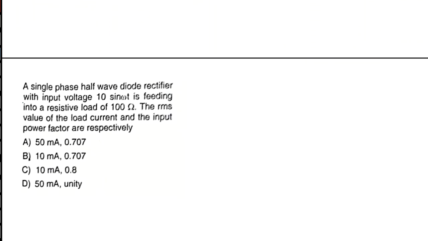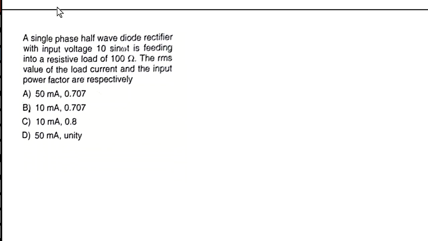Okay, right. So this is the second question in the examination paper. A single phase half wave diode rectifier with the input voltage 100 sin omega t is feeding a resistive load of 100 ohms. What are the RMS value of the load current and the input power factor, respectively? So there is a single phase half wave diode rectifier.